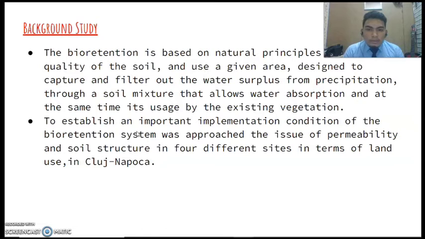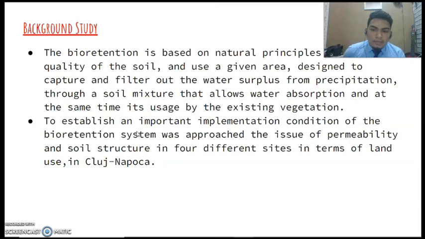Okay, then the background study for case study number 2. The bioretention is based on natural principles and on the quality of the soil and use of a given area, designed to capture and filter out the water surplus from precipitation through a soil mixture that allows water absorption and at the same time its usage by the existing vegetation.